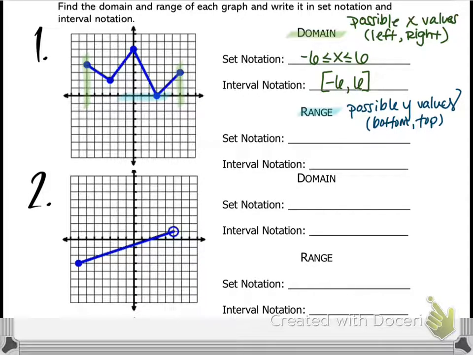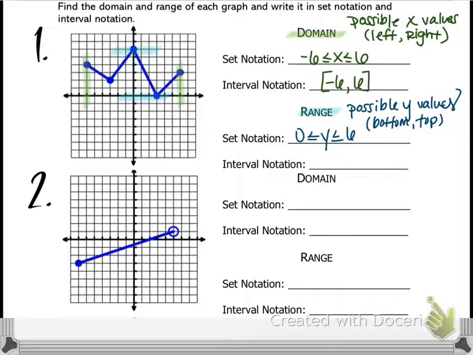And then I find the topmost point, and it's going to be less than or equal to, and since I am talking about the y-axis, I am going to fill in my y really quickly. And then I look at my topmost point. My topmost point is going to be +6, and it does in fact hit the 6, and it's a closed dot, so I can just put that equal to portion right there.